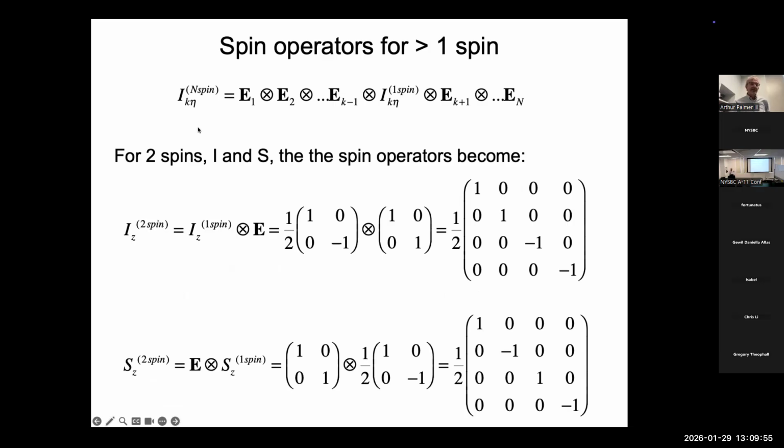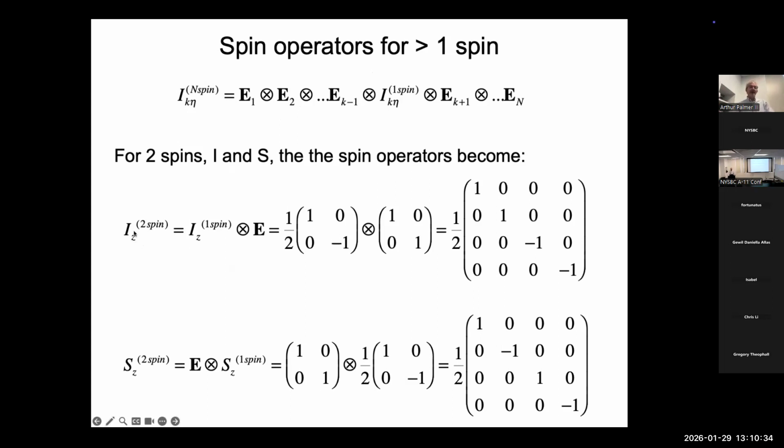Now, if I want to know, for example, what one of the operators is for a single spin when I have more than one spin, then I have to do the direct product with a bunch of the identity operators, in which my operator comes in the correct position in the chain. And again, for 2, it's pretty easy to see.